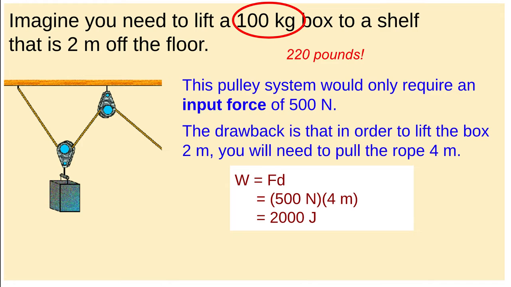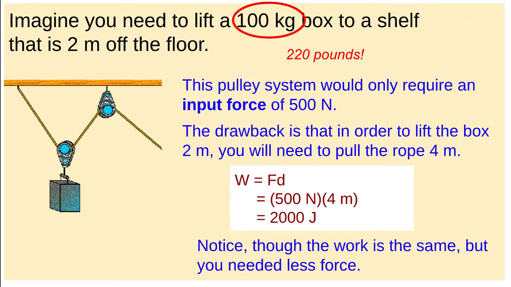So again, the input and output is still the same, but the benefit of this machine is you only needed 500 newtons. You needed less force, so it's going to make it an easier job. And that's really what a machine is usually designed to do. It's designed to decrease the amount of force that we need to do our input, and we get more force out, even though the energy stays the same.